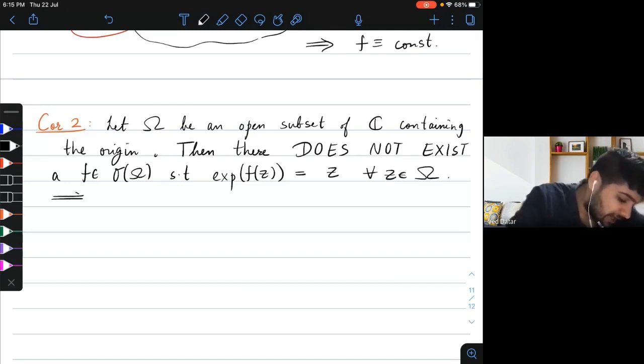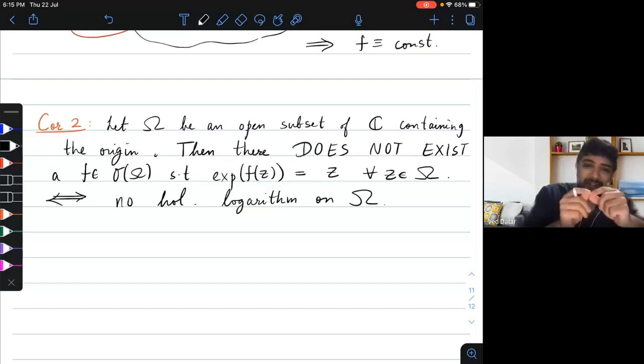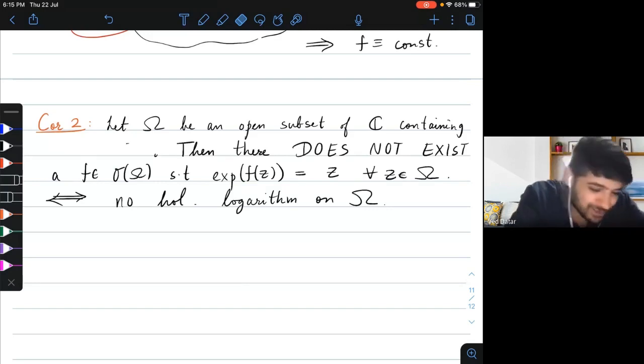Or equivalently, there exists no holomorphic logarithm on this domain omega. Sorry, I should say, it doesn't contain the origin. Of course, you can't define the logarithm at the origin.